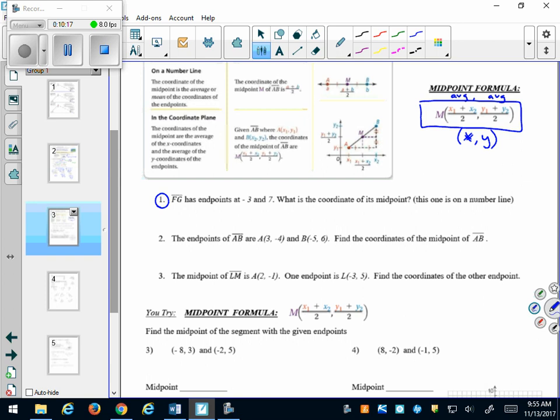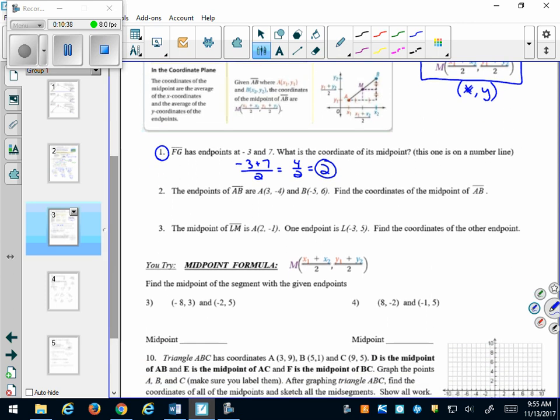So this one is just on the number line, not using the midpoint formula. This is just what's halfway between -3 and 7. So this is strictly an average. So 2 would be the midpoint of those points on a number line. Again, that's not the midpoint formula.